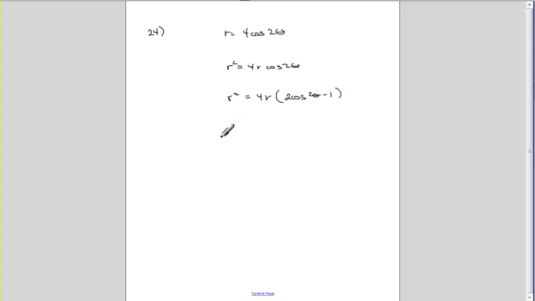Okay, so this one's not coming to me immediately. Well, let's see. The things we know are that x equals r cosine theta, y equals r sine theta. We also know that x squared plus y squared is equal to r squared. So let's go ahead and replace r squared with x squared plus y squared.